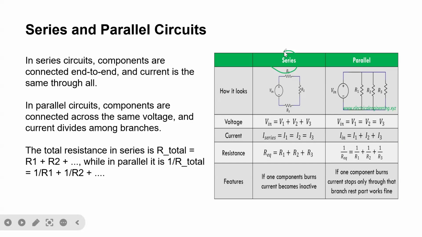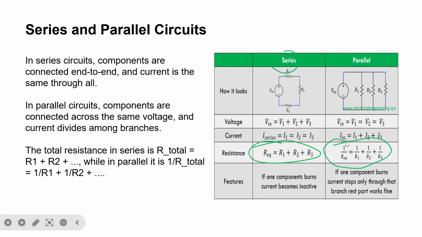So to calculate the resistance in series, we are going to use the equivalent resistance formula, that is R1 plus R2 plus R3. And then for resistance in parallel, we are going to use this: 1 all over the equivalent resistance is equal to 1 all over R1 plus 1 all over R2 plus 1 all over R3.